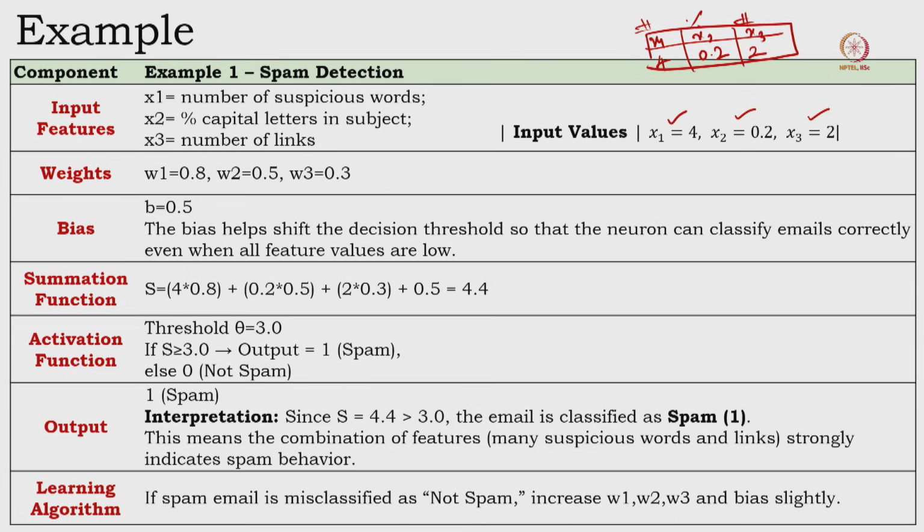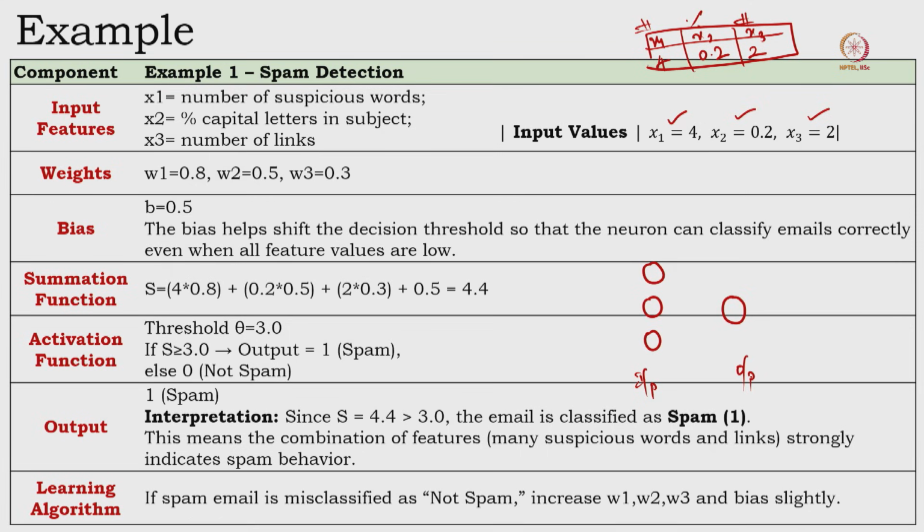So how do you design a neural network for this? Since you have 3 features, we are going to have 3 inputs. Since it is a perceptron, there is only an input layer and an output layer. Since it is a binary classification, you are going to have only one neuron at the output layer. So this is the input and this is the output.